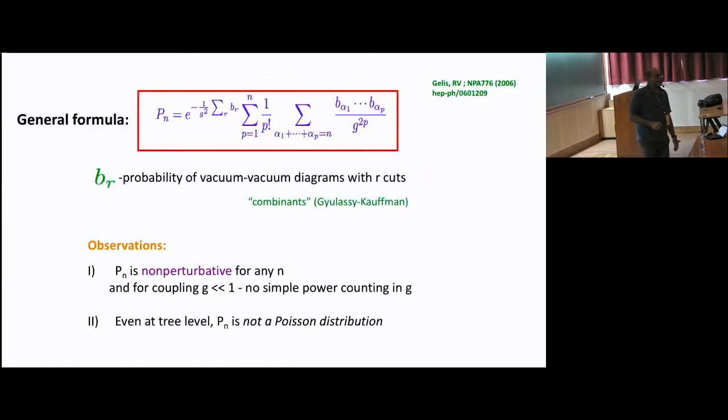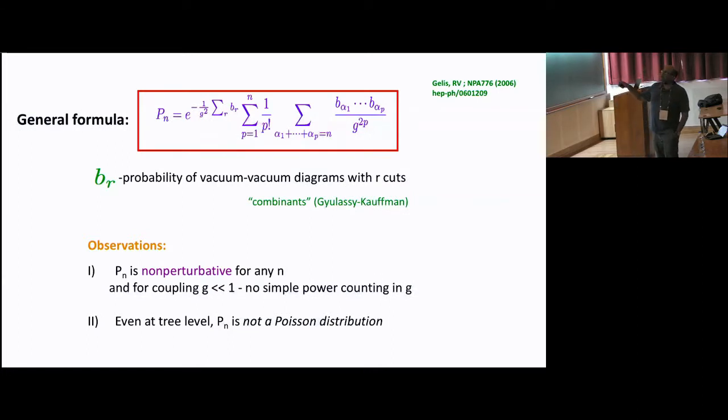So one can then, on this basis, derive a beautiful formula, if I may say so. François Jalis and I thought we were the first to derive this, but it turned out that something similar was done in a paper by Julassi and Kaufman, and possibly it exists even earlier in the literature.